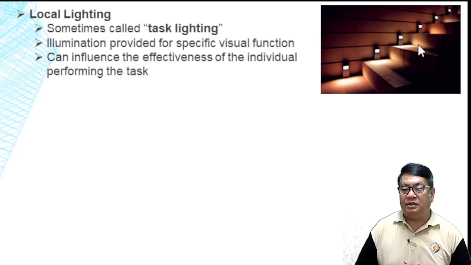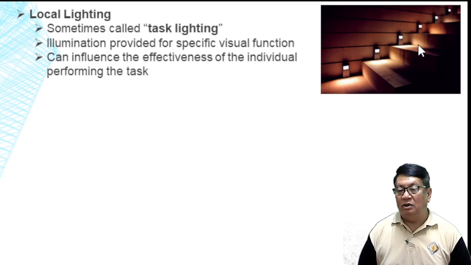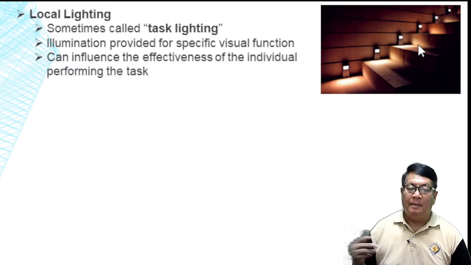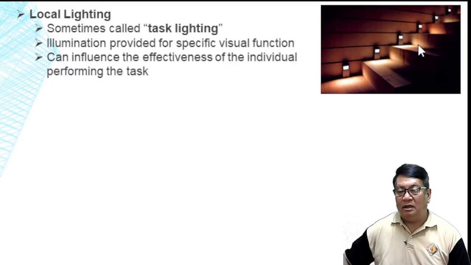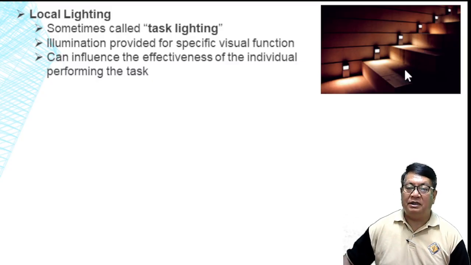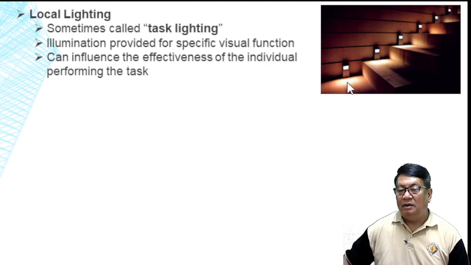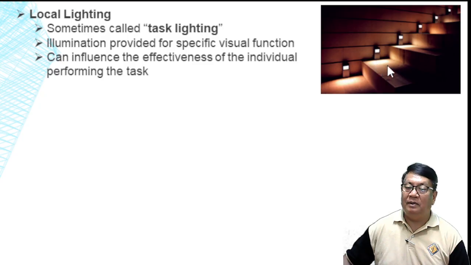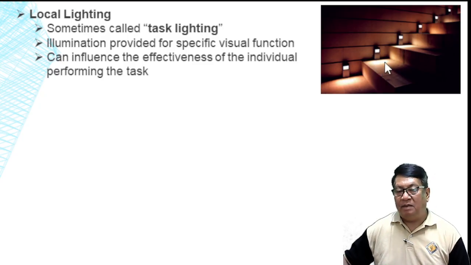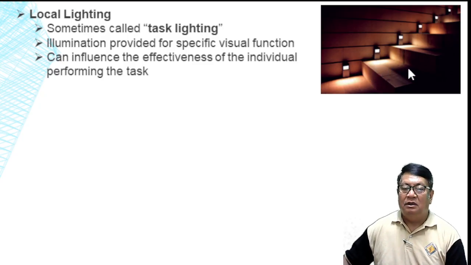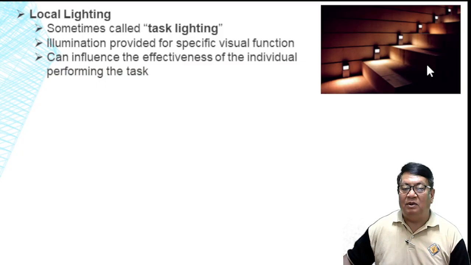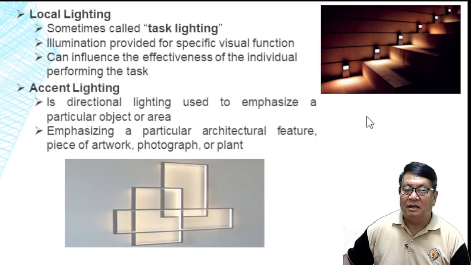These lamps are installed in the stairs, so that the passersby will not fall down, no? Okay, so you'll be able to see the steps of the stairs, no? So illumination provided by specific visual function can influence the effectiveness of the individual performing tasks.